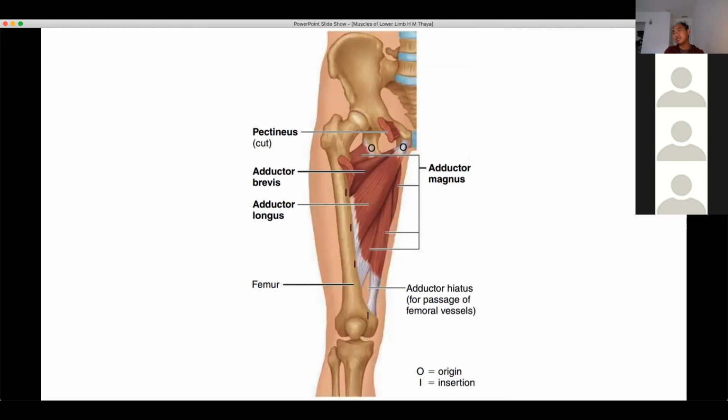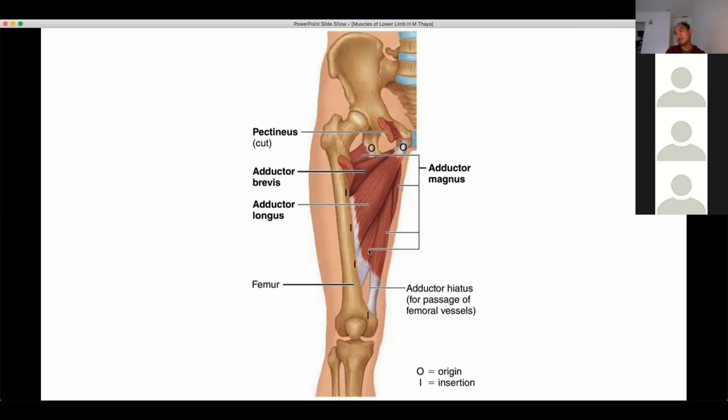Now this is the adductor longus, adductor magnus, and adductor brevis. Here, for the adductor brevis, we have to lift up the pectineus muscle to see it. Brevis means short, which is a really small muscle hidden by the pectineus muscle.